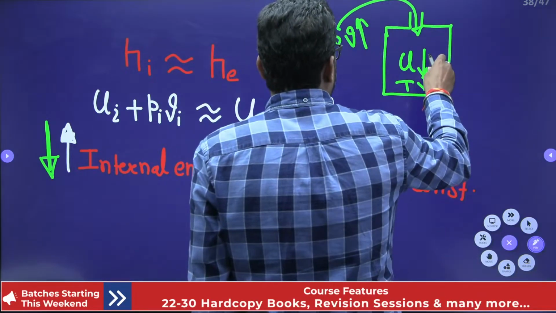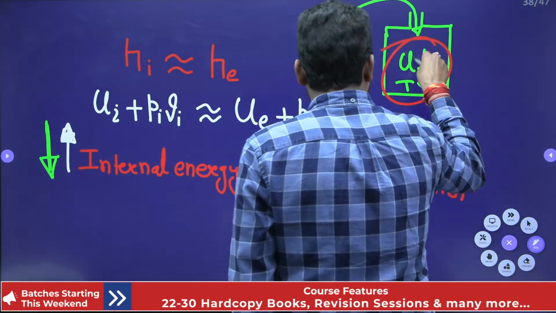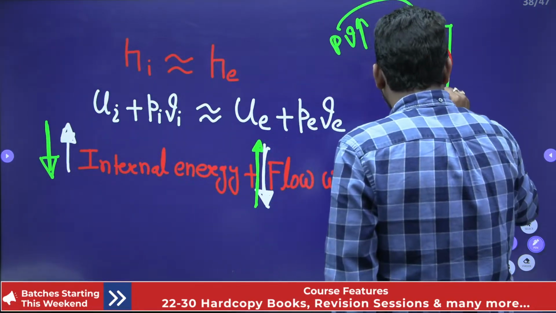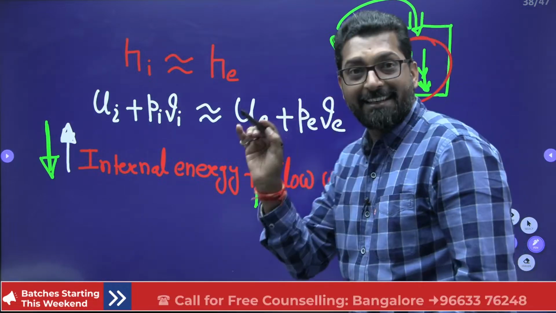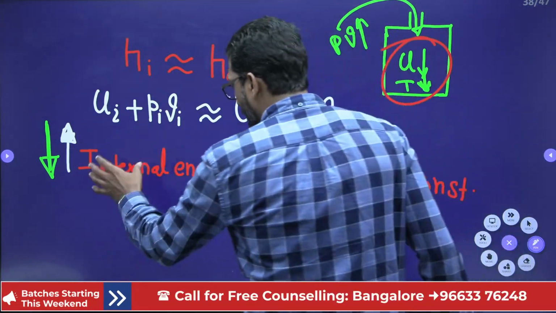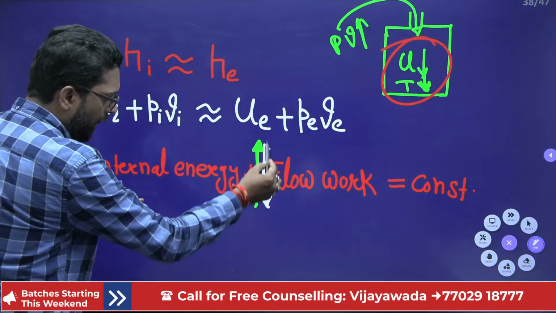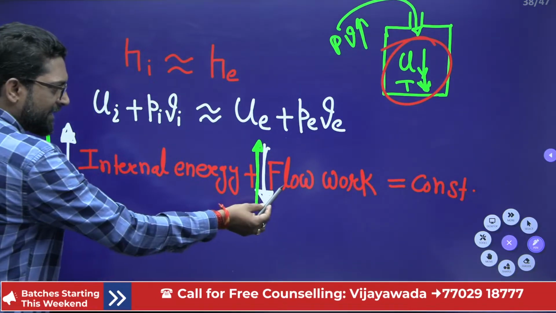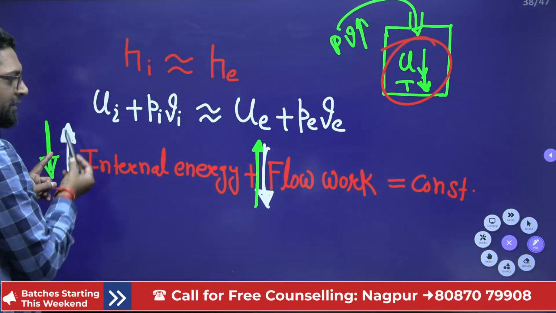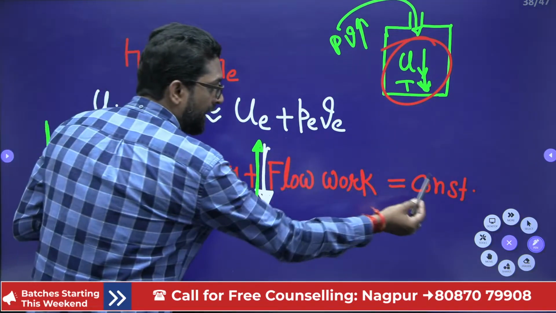Now, we have to prove during unsteady flow whether the temperature will reduce or increase. Let's see. In this equation, if we decrease the flow work, internal energy should increase so that the sum is constant.